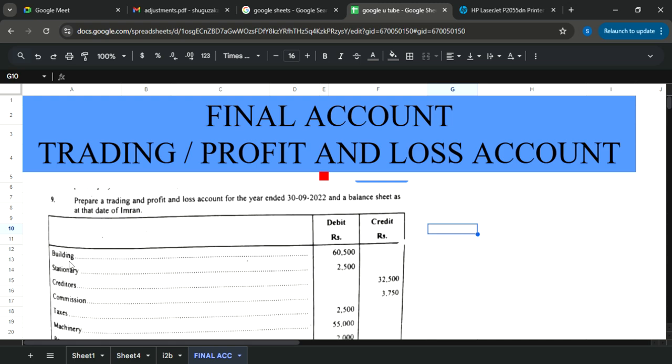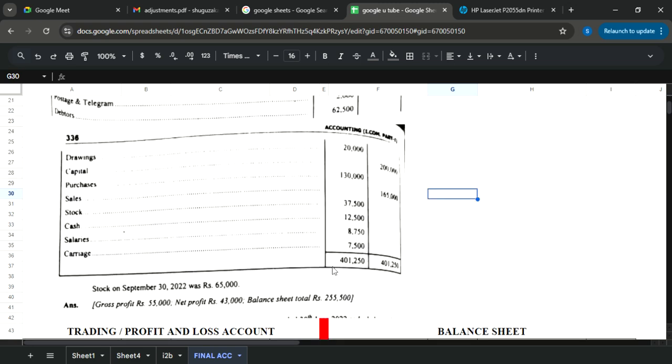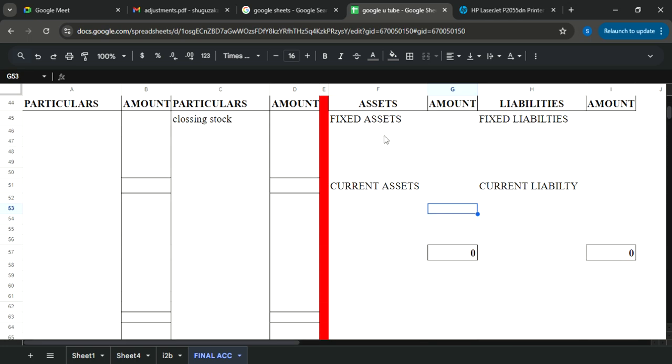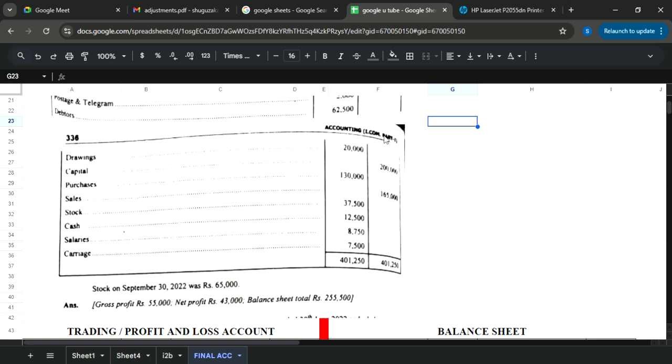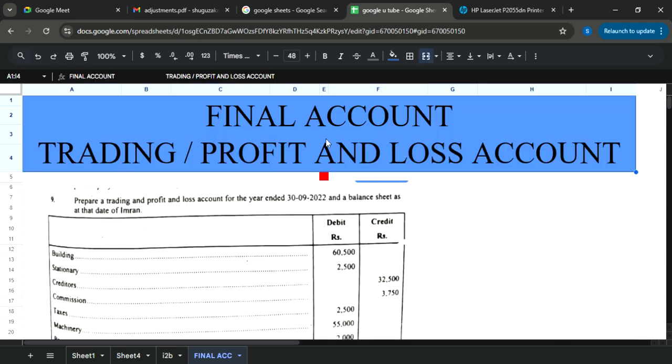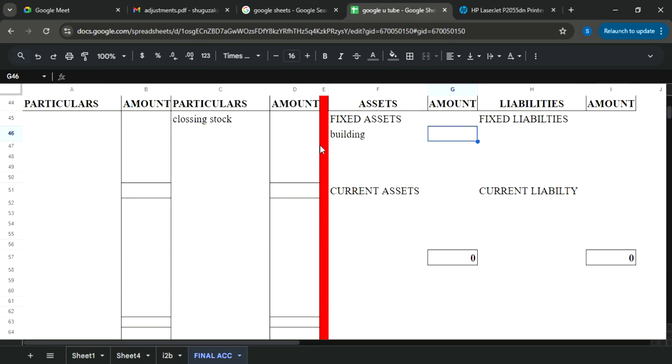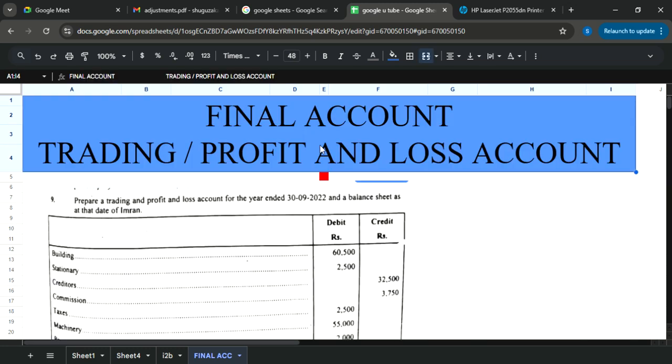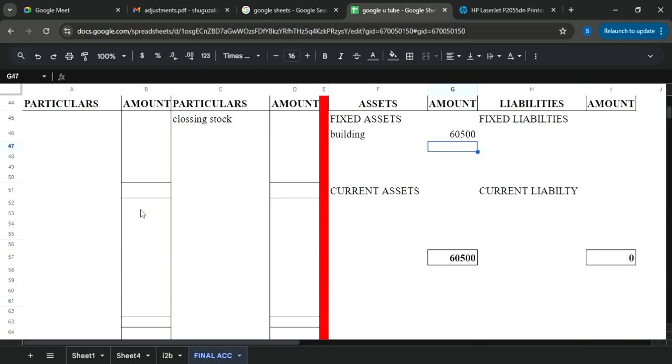The first element is building, which is your fixed asset. So here we are going to mention building, amount of which is 60,500. Just put it down. The next is stationery. Stationery is written on the debit side, it's an expense, but indirect.